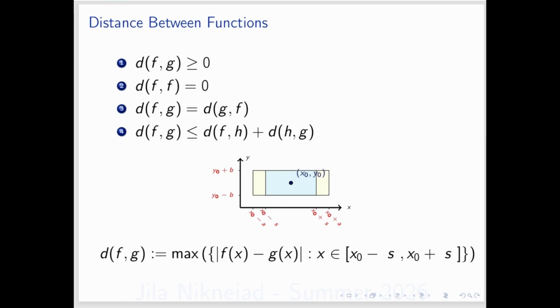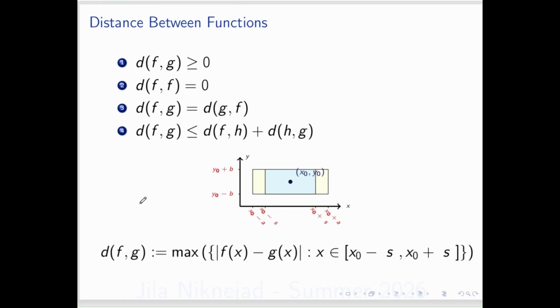Notice that all Picard's iterates are continuous, and continuous functions attain their maximum and minimum value on a closed interval. The distance function is well defined over the closed interval x naught minus s and x naught plus s.